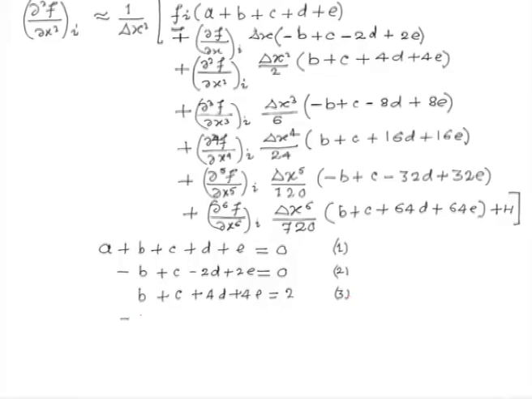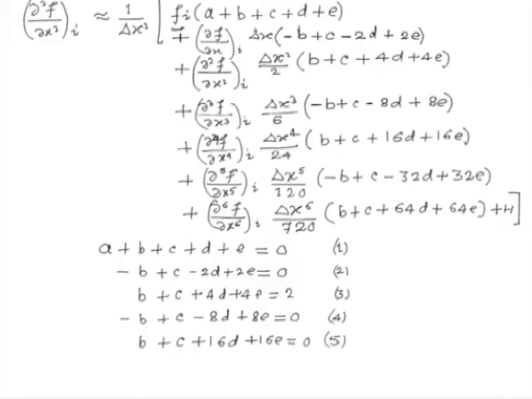So, we get minus b plus c minus 8d plus 8e is equal to 0. And the next equation we can get by comparing the coefficient of del 4f by del x4. So, that gives us b plus c plus 16d plus 16e is equal to 0.